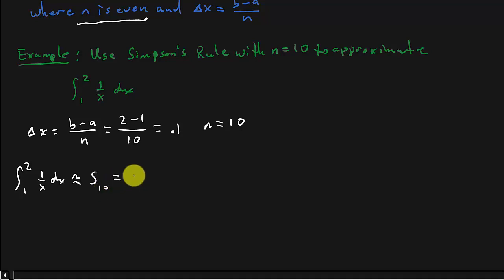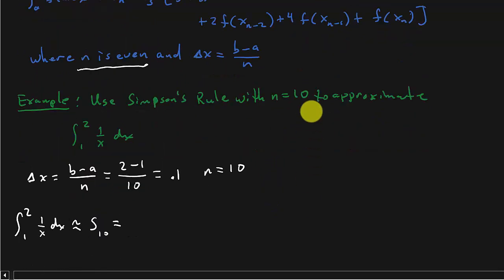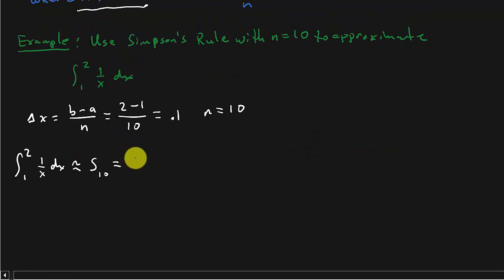And so that's going to equal delta x. So look, I'm just plugging it into this formula. Delta x over 3, so that's going to be 0.1 over 3 times f of 1, right? That's a, what we're starting with.